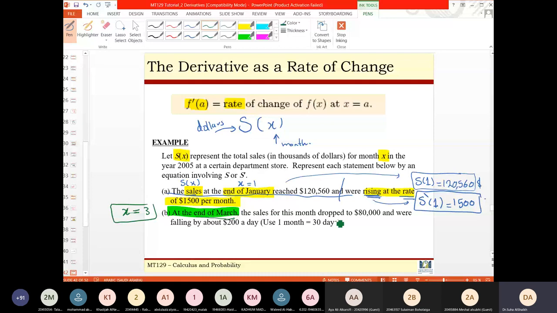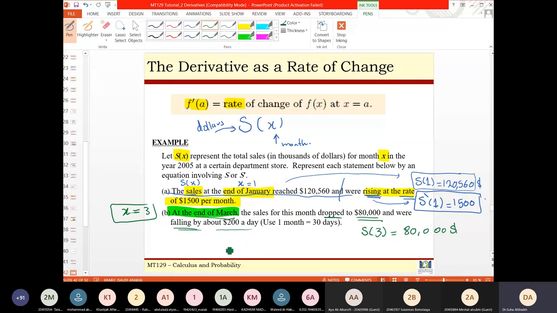Sales at month 3 became $80,000. And it was falling about $200 a day. In one day it was falling by $200.